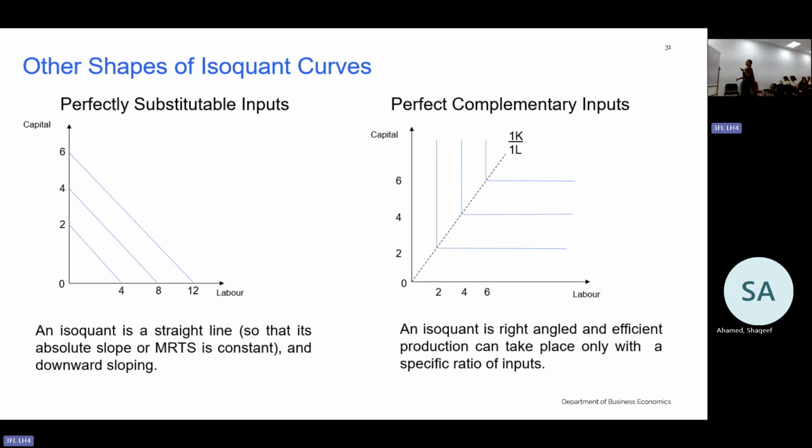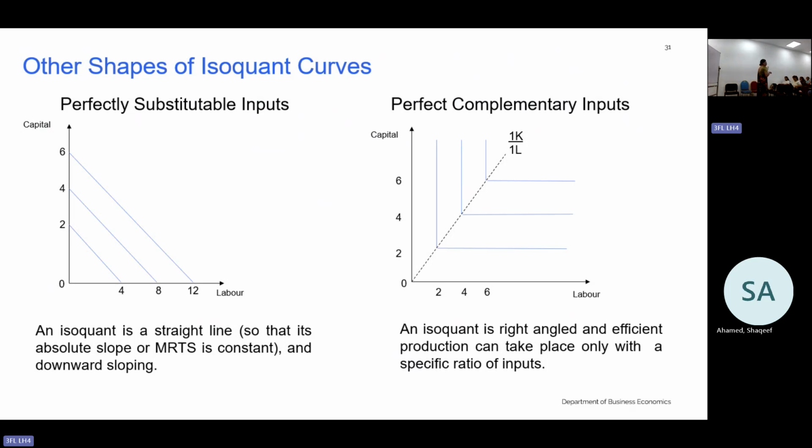If that's the case, we say the shape of the isoquant is a downward sloping straight line. Either you can have capital or labor. So here, if you decide to be here, that means you are deciding only to use labor, not the capital. If you decide to be here, you are using only capital. Zero labor. Understood? So it is allowed if they are perfect substitutes.